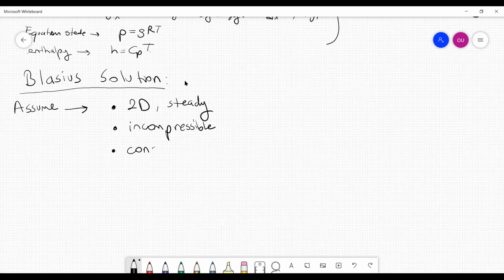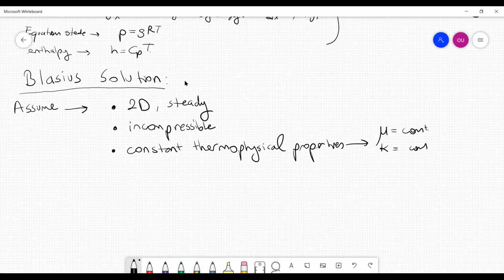And he assumed constant thermophysical properties. Like what, for example? Like viscosity is constant, thermal conductivity is constant, therefore the Prandtl number is constant, things like that.